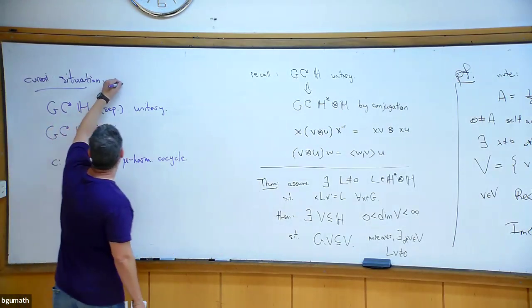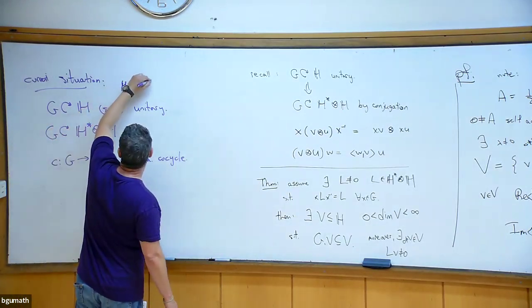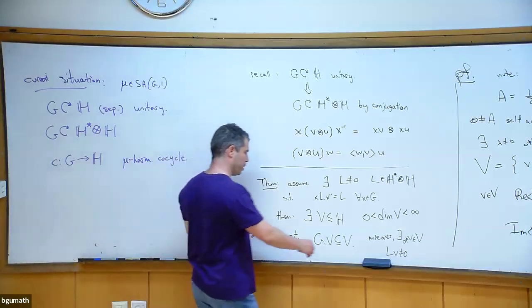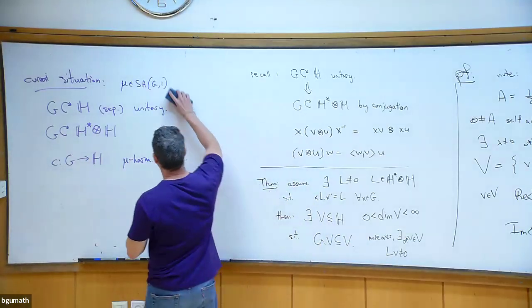Mu is, remember, mu is SA. We'll do G2 because we need to talk about variances.